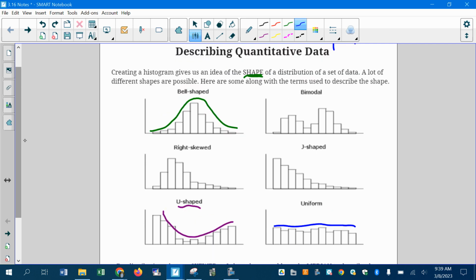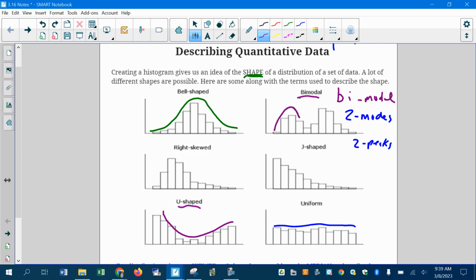You'll also see bimodal data, and this word bimodal means that there's two modes. Remember that mode is what shows up most frequently, so basically there's two peaks. Sometimes you look at a histogram and it'll have two peaks.